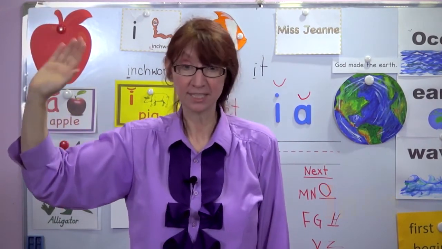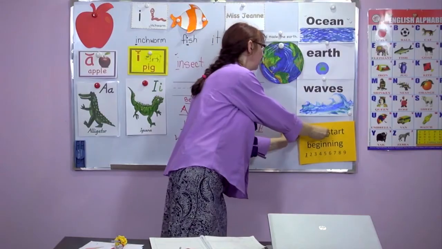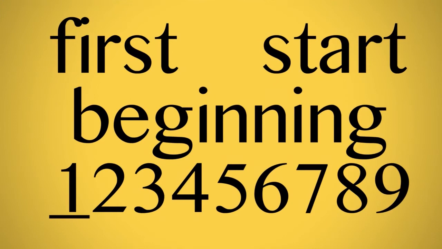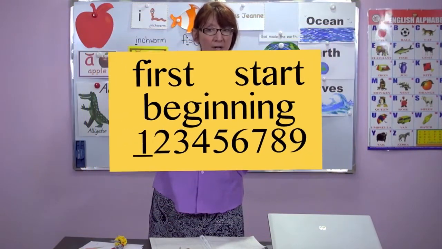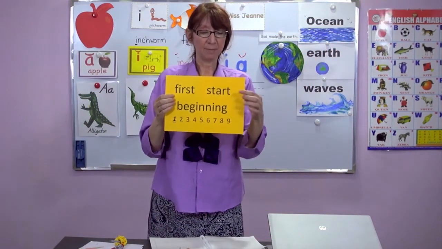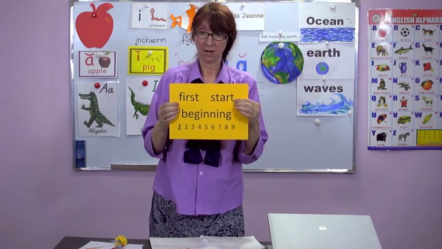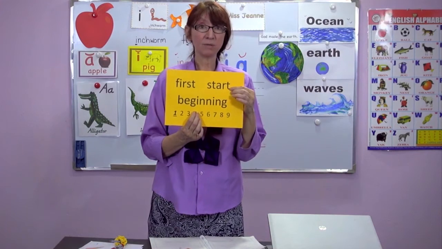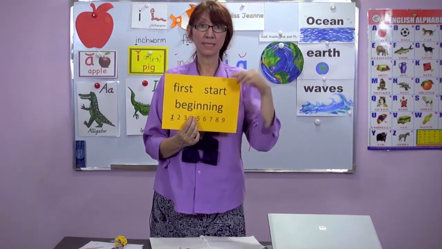Very good. We start. Let's say these words. Let's say the word first. Everybody say first. Everybody say start. Everybody say beginning. So these words all mean the same thing. Isn't that amazing?